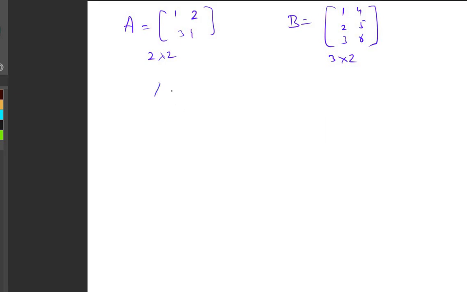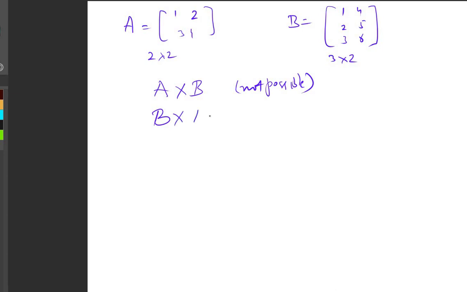I use the same matrix A, 1, 2, 3, 4, order 2 cross 2, and another matrix B as 1, 2, 3, 4, 5, 6, which is 3 cross 2. We just talked about how A cross B is not possible, right?